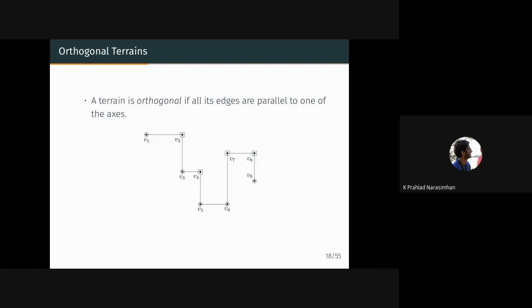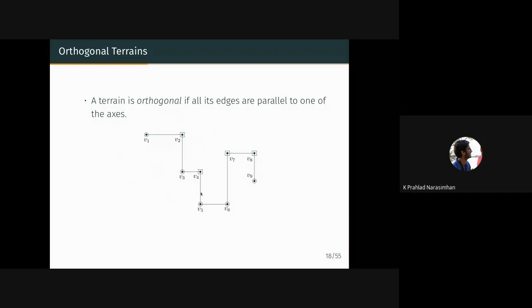Why I mark this using different shapes, one square and one circle and so on, is because, forget V1 and V9 for the moment, the endpoints. Look at everything in the middle. Can you figure out something about this? Look at V3, for example. The angle on V3 above the terrain is 90.